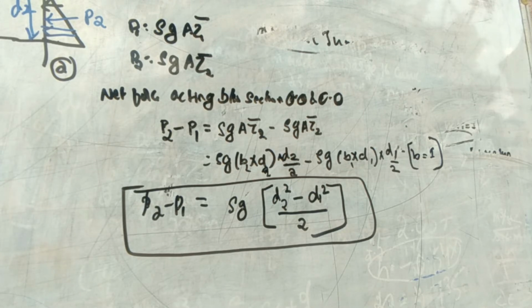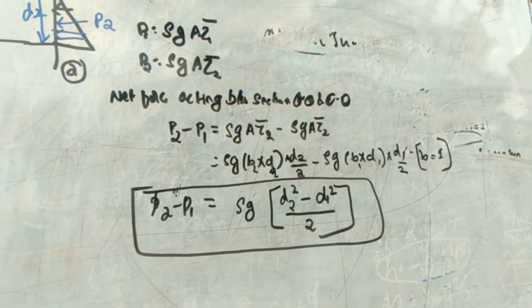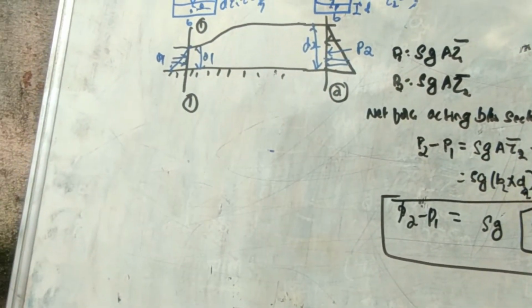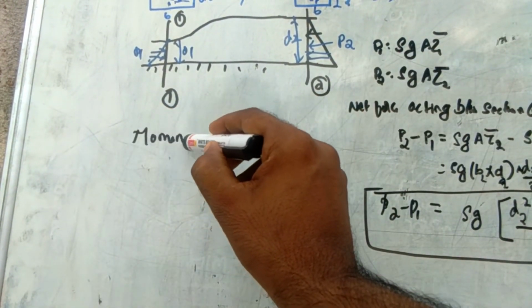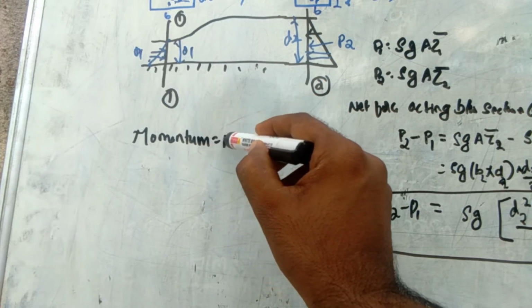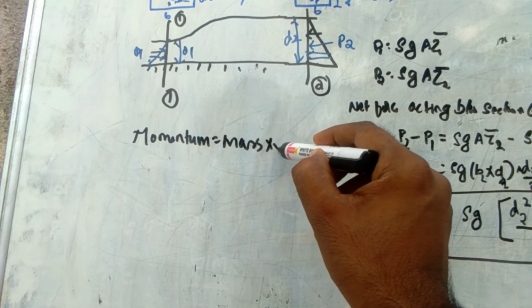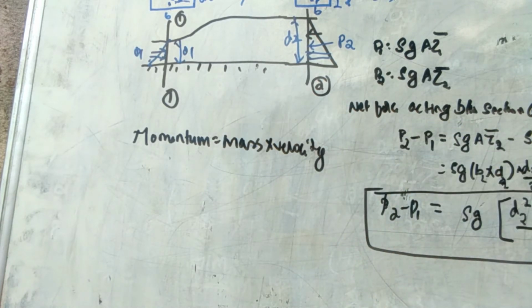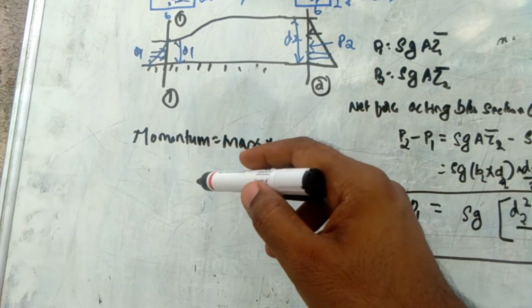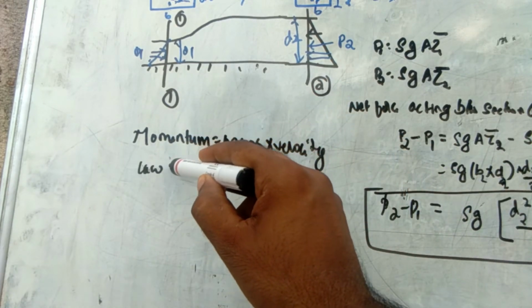Then here we need to consider the momentum equations. Momentum is equal to mass into velocity, and here we need to consider the rate of change of momentum, the law of momentum principle.